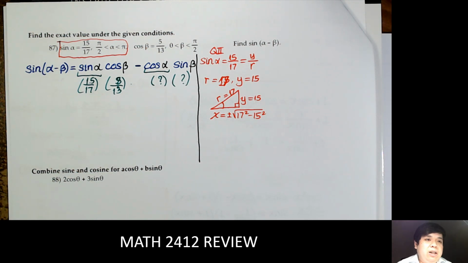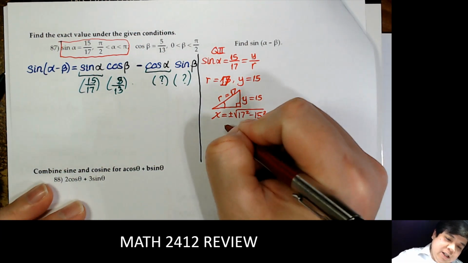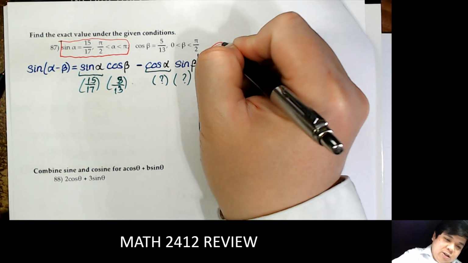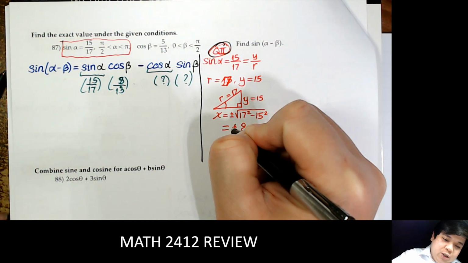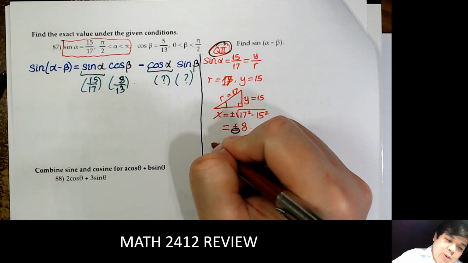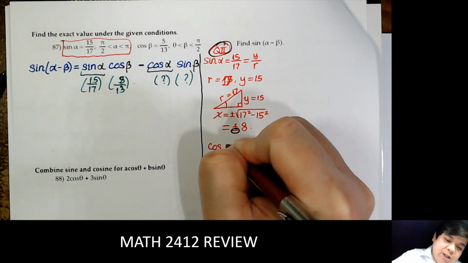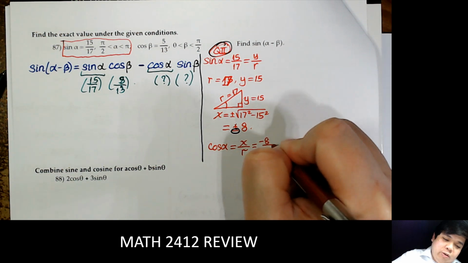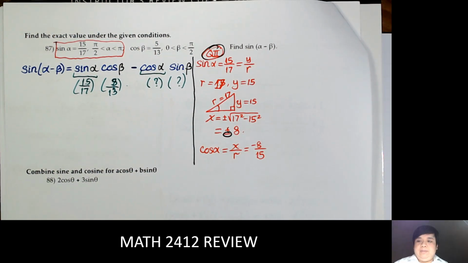I have a calculator here. 17 squared minus 15 squared is 64, so plus or minus 8. Now since this is quadrant 2, we're going to choose x to be negative. Because of that, cosine of alpha is x over r, negative 8 over 17.